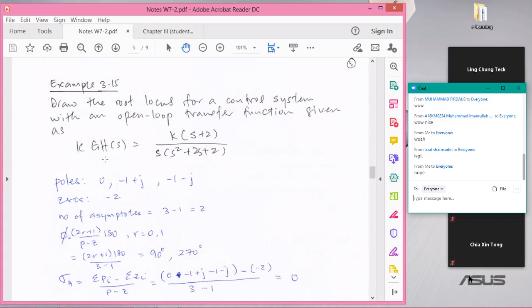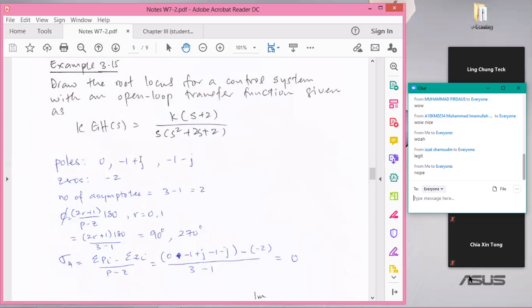It is KGH. K is the controller gain, G is the forward path transfer function, H is the feedback path transfer function.